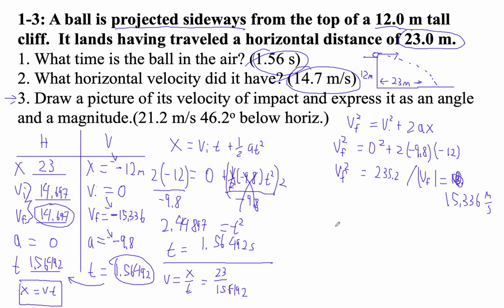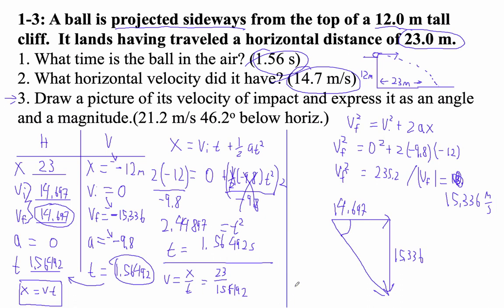So I'm going to draw over. And this is 14.697, and then vertically we've got 15.336, and now I need to find the magnitude and the angle. Okay, so the magnitude is going to be, let's draw a little line here, the square root of 14.697 squared plus 15.336 squared.